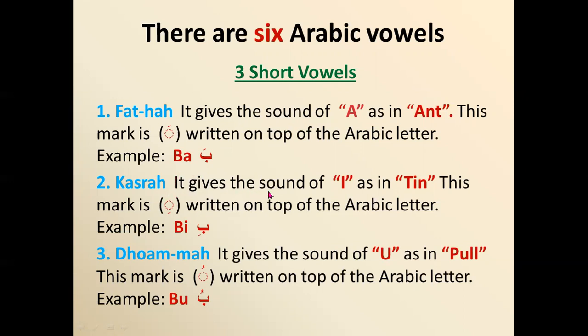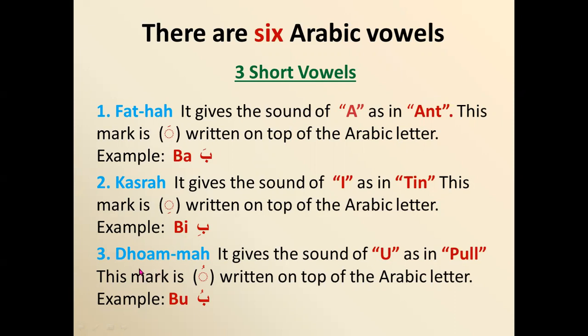Likewise, the Kasra, the sound of it is E, as in teen, and the mark written on it is below. As you can see here, letter Ba, and there is Kasra below it. And the way we read this one is Bi.